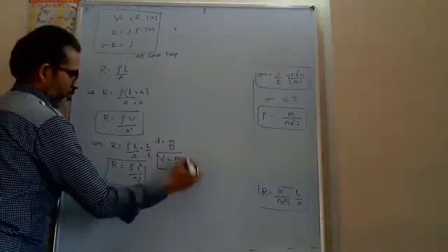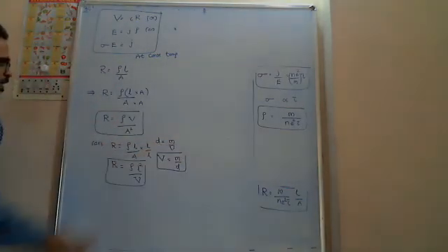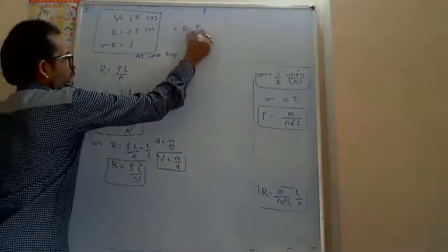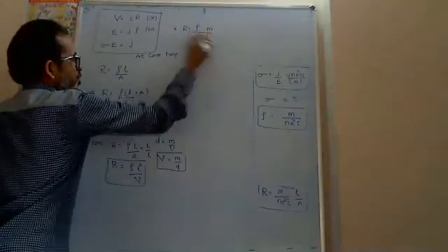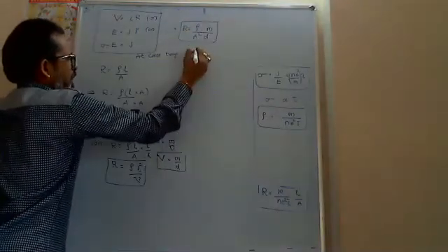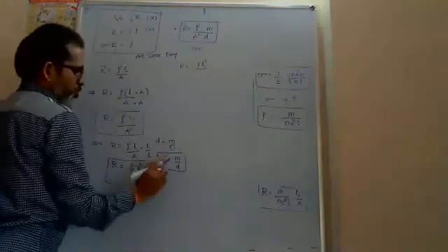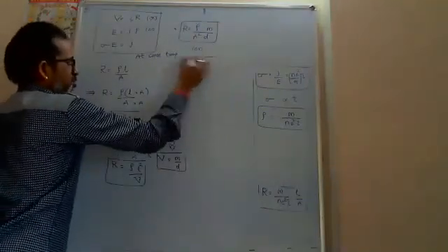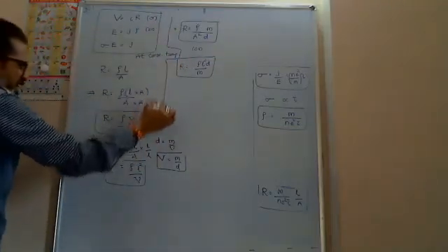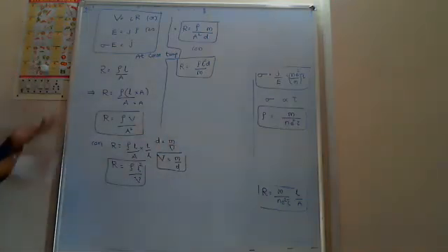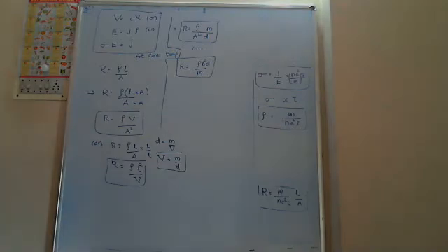So in these two formulae, whatever you wrote in terms of volume, you can write R is equal to rho by A square into volume, replacing volume with M by D. Or the other one is R is equal to rho L square by volume, where volume is mass by density. These are just show-off ways of writing different formulae. But if you know the basic thing, no need to derive. You can use R is equal to rho L by A. From there only we can extract anything.